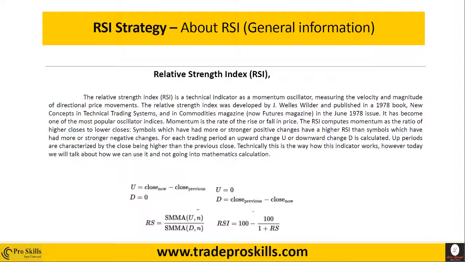Momentum is the rate of the rise or fall in prices. The RSI computes momentum as the ratio of higher closes to lower closes. Symbols which have had more or stronger positive changes have a higher RSI than symbols which have had more or stronger negative changes. For each trading period, an upward change U or downward change D is calculated.